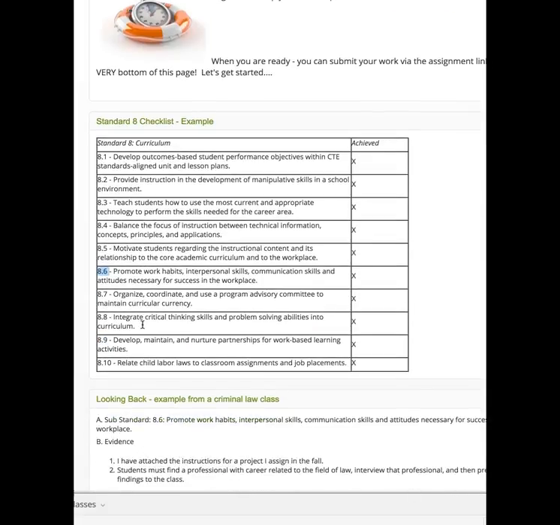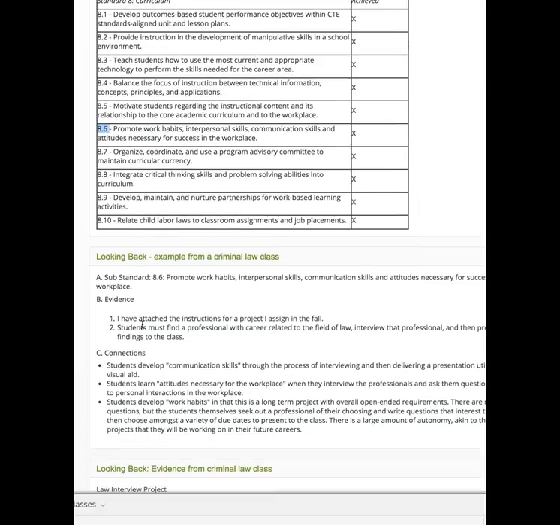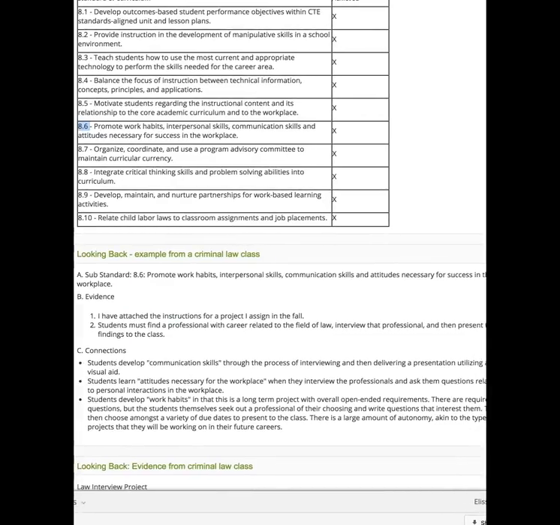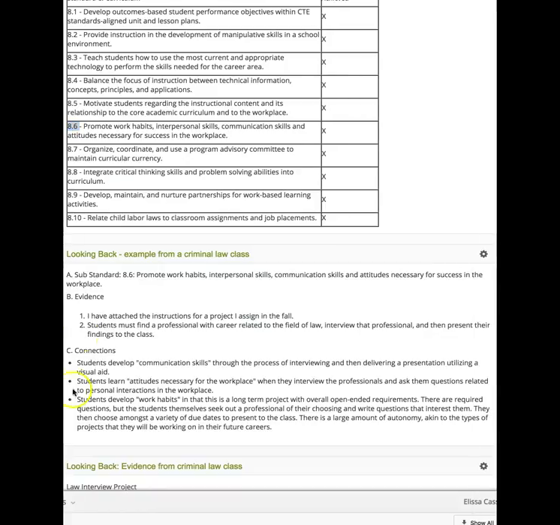So here I am. I'm a teacher of a criminal law class, let's say, and I had picked 8.6, if you recall. And here's my looking back. So I wrote the substandard here that I chose, 8.6. My evidence, okay, so I'm explaining. I've attached the instructions for a project that I assign in the fall. This is one where the students must find a professional within a career, etc., etc. So I'm telling you what the evidence is.